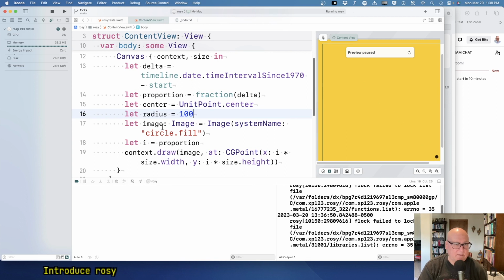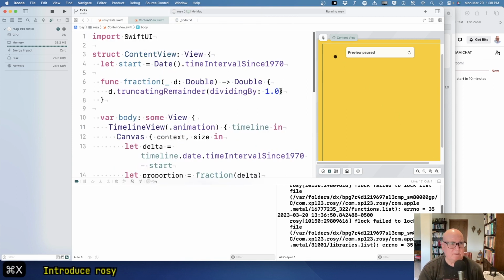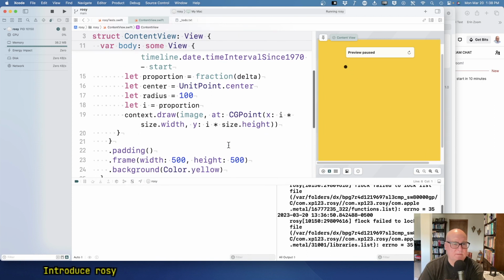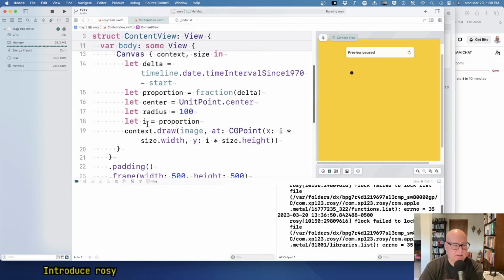Okay, and then well, I think I can do this outside even. Image equals that. Okay, I is proportion. Okay, so I've got my radius, my center, and my proportion.